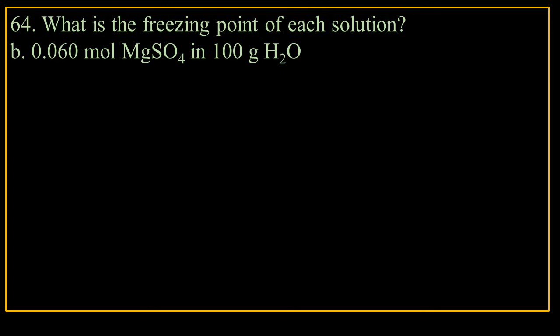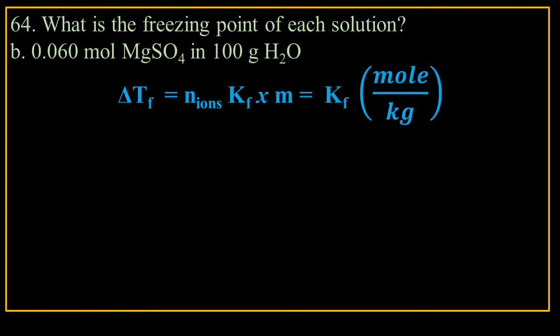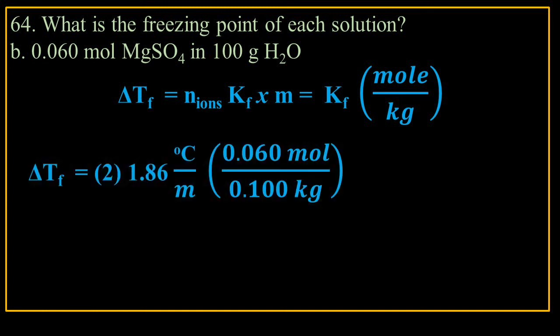Now let's do 0.06 molar magnesium sulfate in 100 grams of water. We have 2 ions, so the number of ions will be 2, times 1.86, and then 0.06 divided by 0.1 kilograms, and that will be the freezing point depression. So it'll be 2 times 1.86 times the quantity 0.06 divided by 0.1.